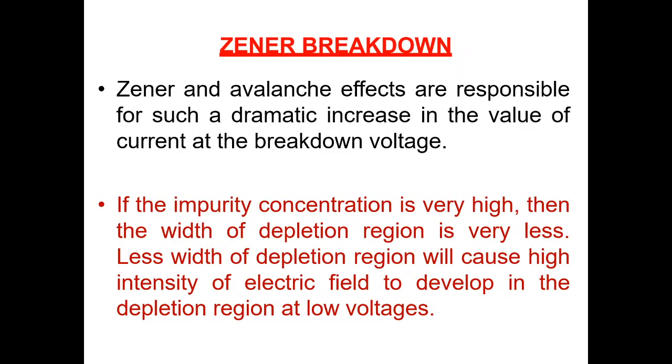Next, we concentrate on the breakdown region: how the current increases in the Zener diode due to the breakdown conditions. What are the breakdown conditions? Even though we change the voltage by a small amount, a large variation of current exists; that is called the breakdown condition.